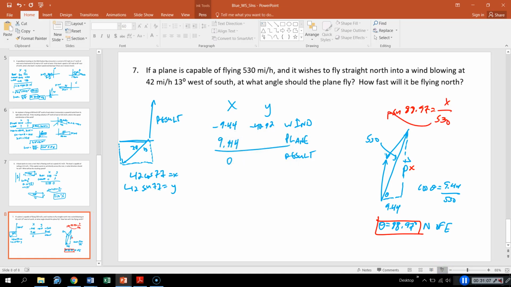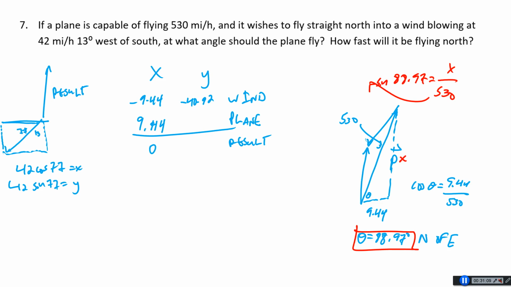If you multiply by 530, I guess I should have used y because it's really the vertical component. That gives you a y component of 521.91. So that is the plane's vertical component.